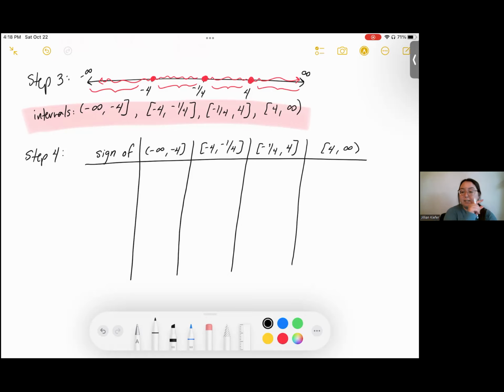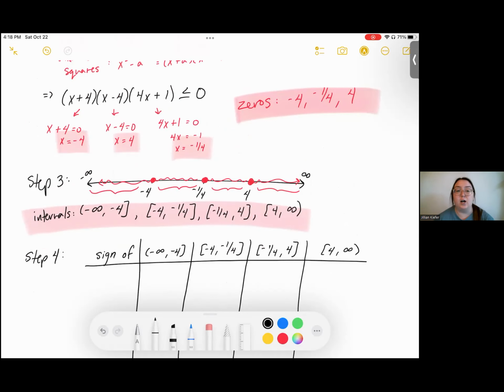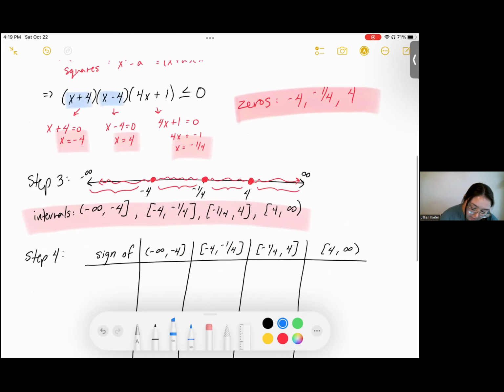So we filled in our very top row, and now we're going to fill in the rest of the first column as well. So we've got sign of, and you're going to write every factor in the column. So your factors were x plus 4, x minus 4, and 4x plus 1. So you're going to take these and put them in.